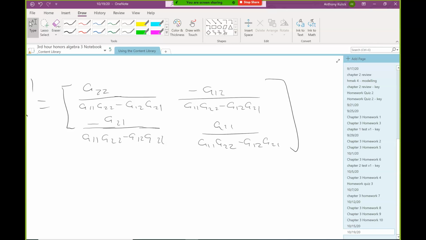So, is this A inverse always going to exist? Well, what could give us problems with this formula that we've written? These are fractions, right? When do we have a problem with fractions? When do we have a problem with fractions existing?